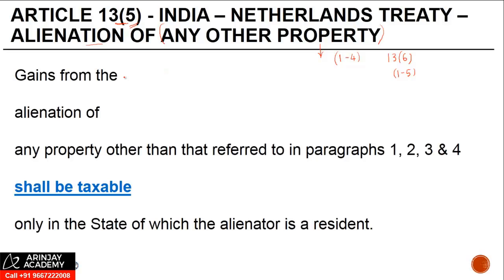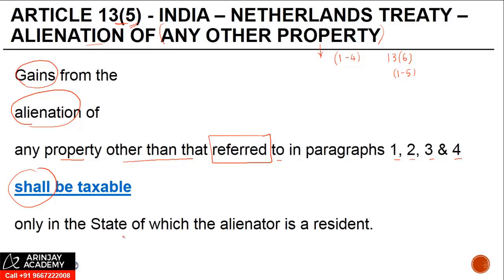Let us go through it. Gains from the alienation of any property other than that referred to in paragraph 1, 2, 3 and 4 shall be taxable only in the state of which the alienator, the seller, is a resident, right?